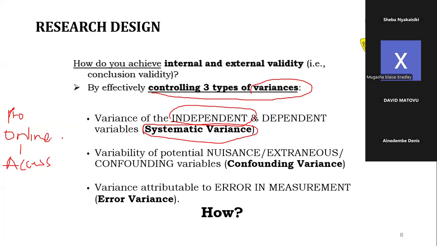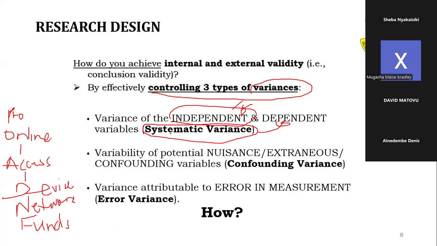Then we ask, without interfering with everything that may interfere with our independent variable, how much does that affect our dependent variable, in terms of access to a device, access to a network, access to funds, so that you can go online, and so on.